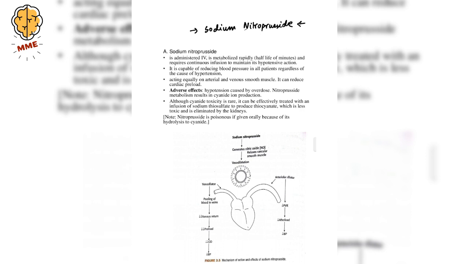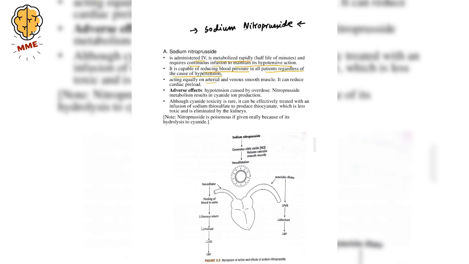Now the next drug, which is very important in hypertensive emergency patients, is sodium nitroprusside. Sodium nitroprusside is administered intravenously. It is metabolized rapidly because of a half life of minutes, and it requires continuous infusion to maintain its hypotensive action. It is capable of reducing blood pressure in all patients regardless of the cause of hypertension.